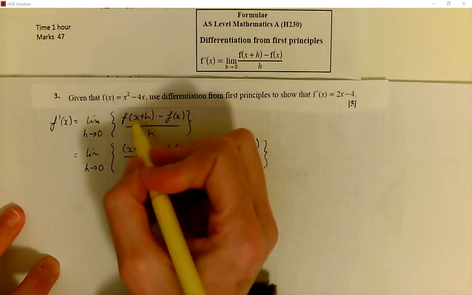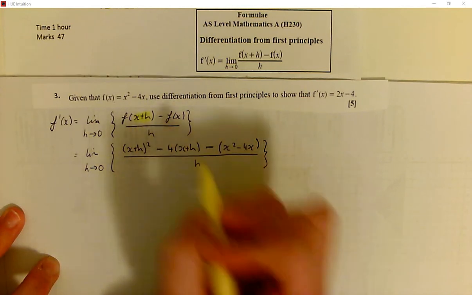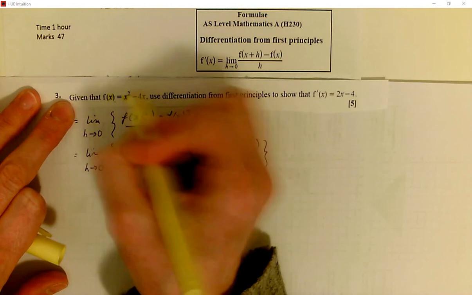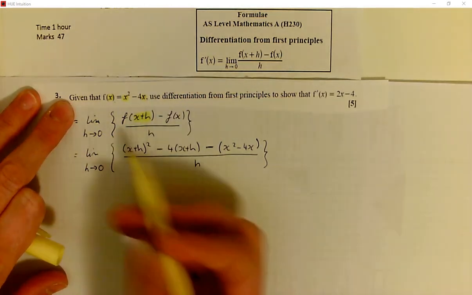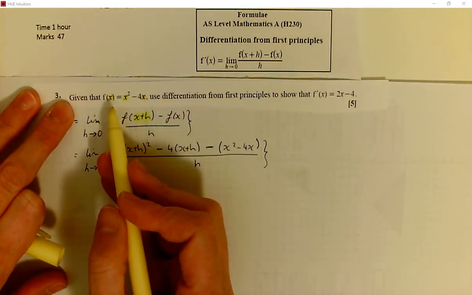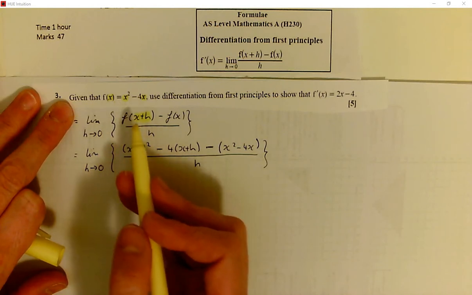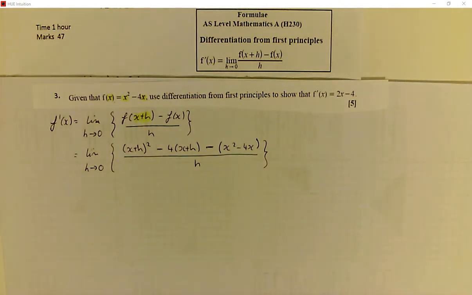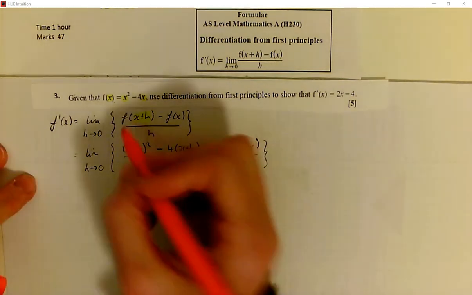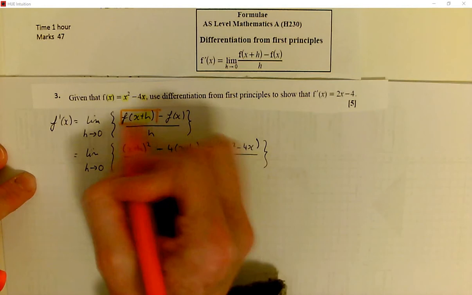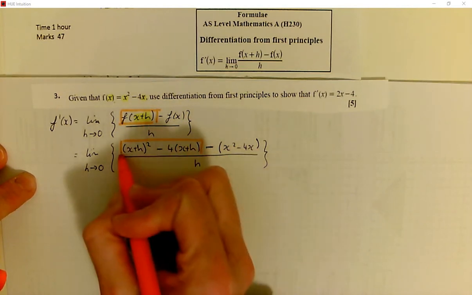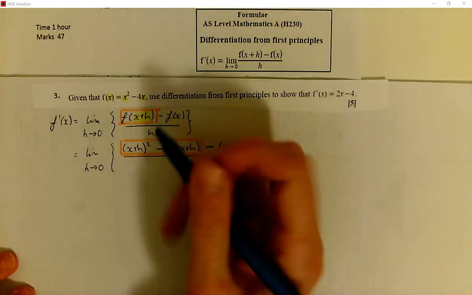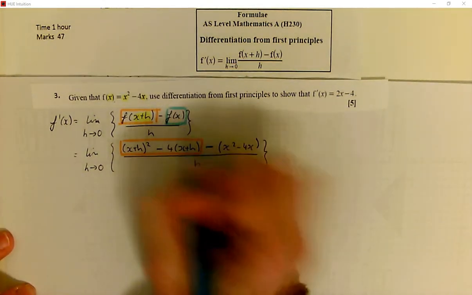So here our input is x plus h. In this expression our input is x, so we have to replace every x with x plus h, in brackets because it's more than one term. Then what we've done is we've taken our f of x plus h, that bit here, and then we've subtracted the whole of f of x.